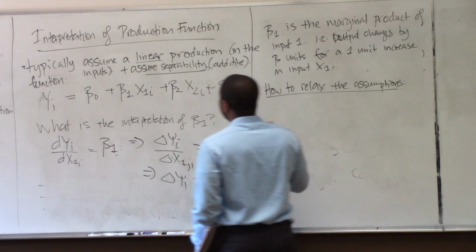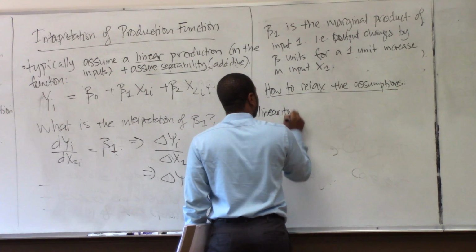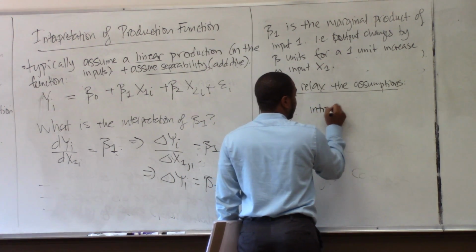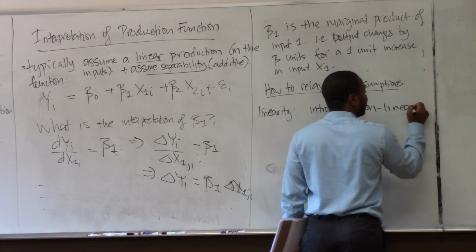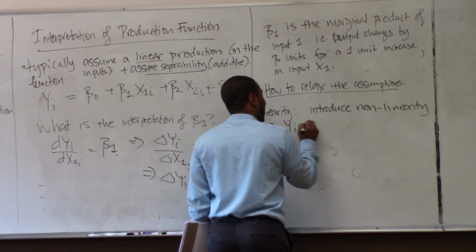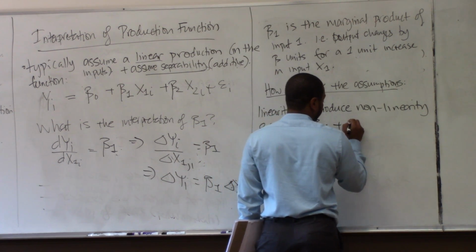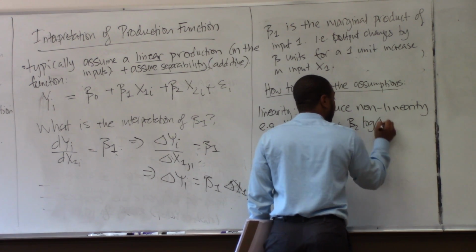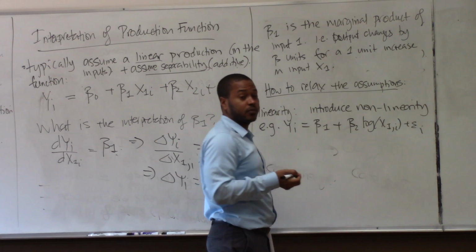So for our linearity, we can introduce nonlinearity. So for example, we could have yi equals beta 1 plus beta 2 log x1i plus epsilon i, right?